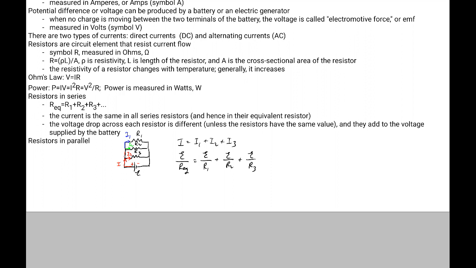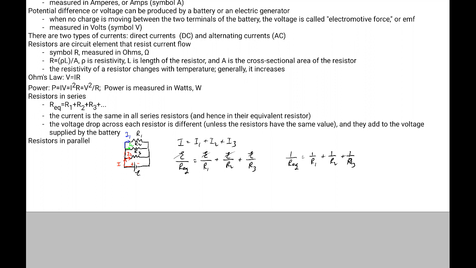So dividing through by the EMF, we end up with 1 over R equivalent in parallel is 1 over R1 plus 1 over R2 plus 1 over R3. So that is how resistors add in parallel.